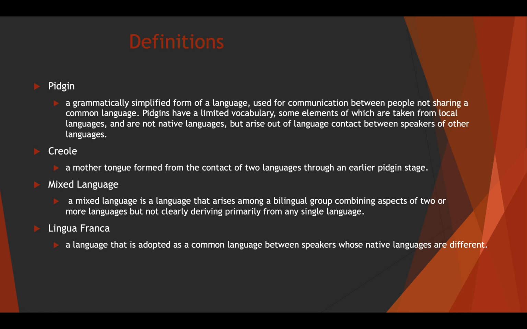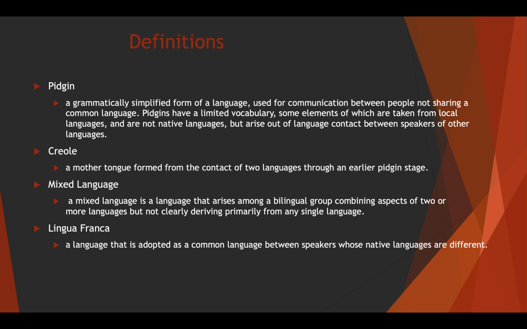Both groups of people speak both languages, and they have together formed a new language that uses aspects of both languages. It's not simplified like a pidgin, but it is a very complex system, and I'll show you an example here later on in the presentation.